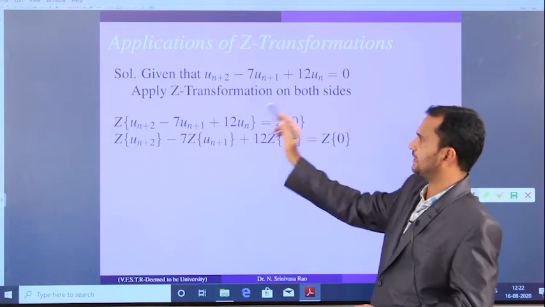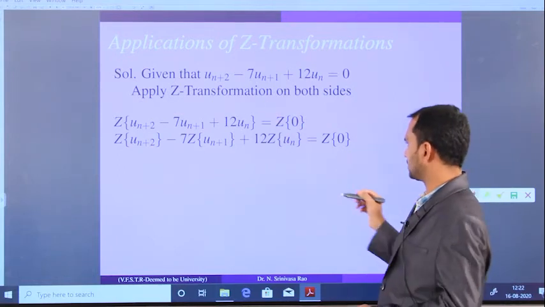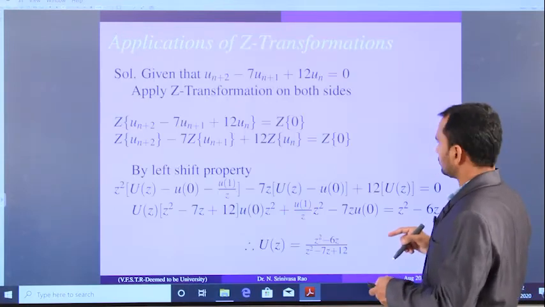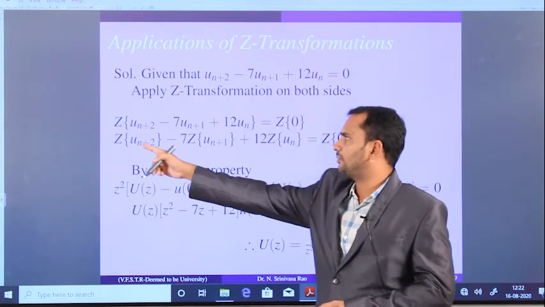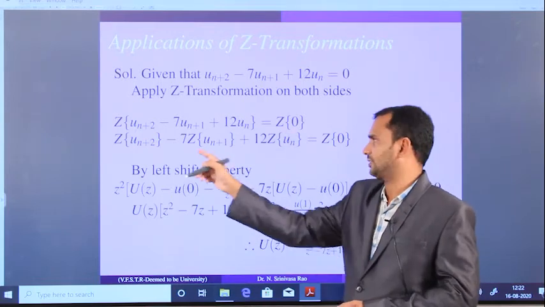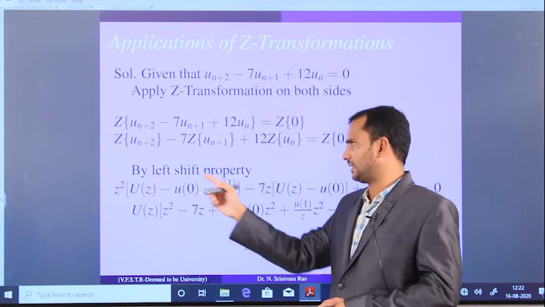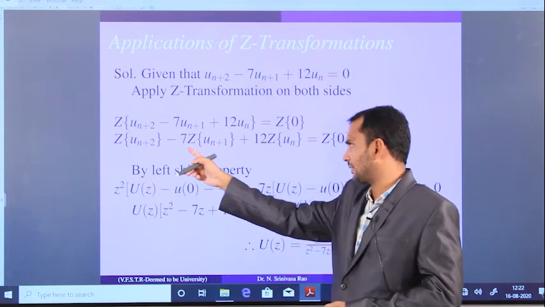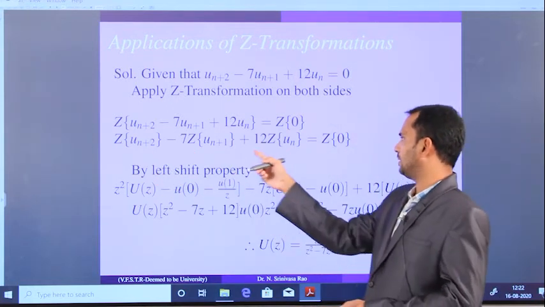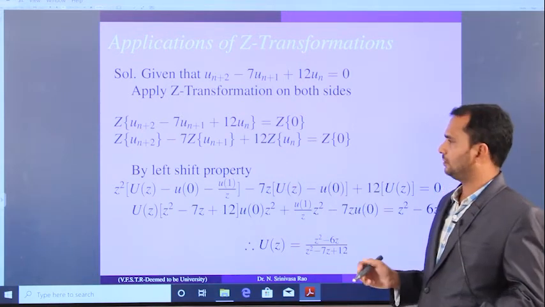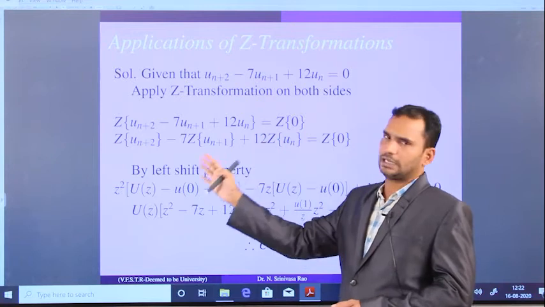Z of 0 is obviously 0. Now apply the linear property: Z of (u_n + v_n) is Z of u_n plus Z of v_n. So Z of u_{n+2} - 7 Z of u_{n+1} + 12 Z of u_n equals Z of 0. Now we have divided it into three parts.